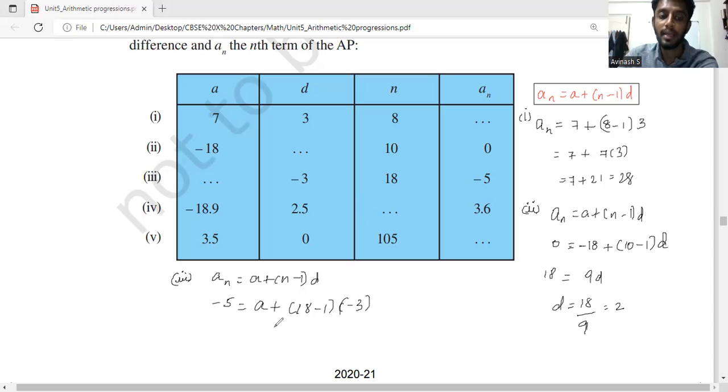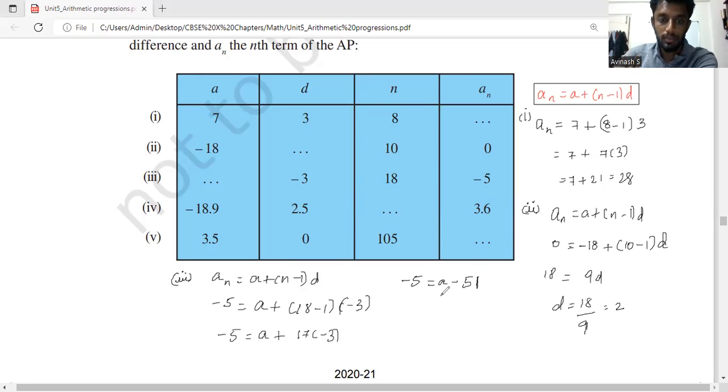I'm using proper brackets. Now, again, we have to isolate a. But before that, we can say minus 5 equal to a plus (18 minus 1) is 17, 17 times minus 3. So now this will become minus 5 equal to a minus 51, because 17 times 3 is 51.